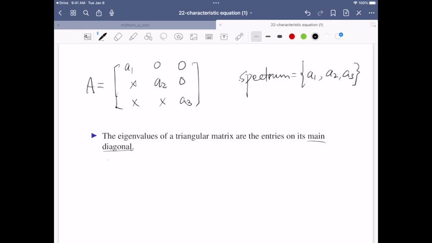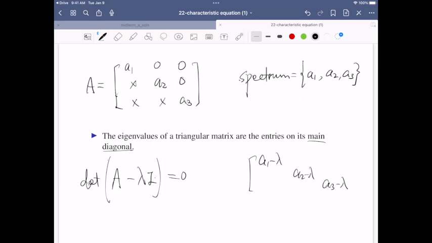We can easily prove this. For the spectrum, you want to solve det(A minus lambda I) equals 0. It means A1 minus lambda, A2 minus lambda, A3 minus lambda on the diagonal, this part is 0, this part is some numbers, and take the determinant. Because it is a triangular matrix, its determinant is given by the multiplication of those diagonal entries.